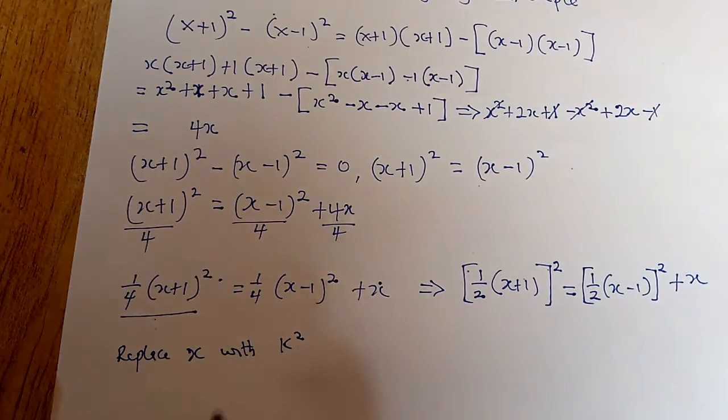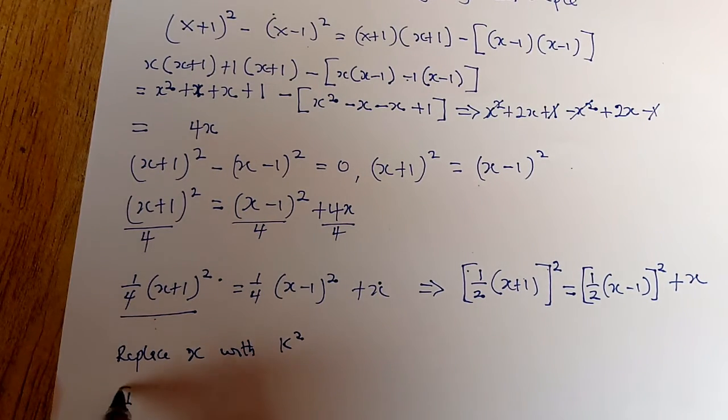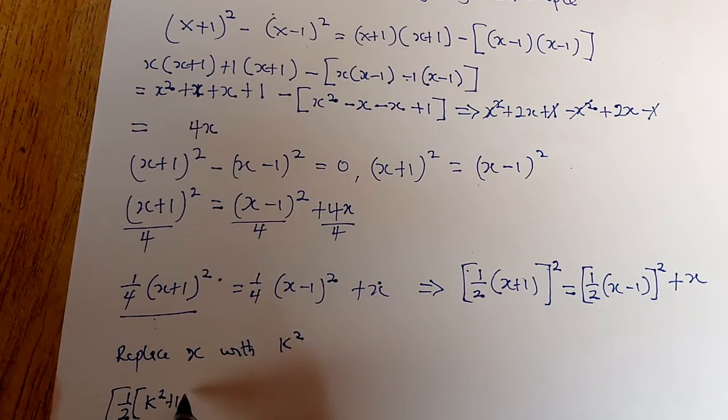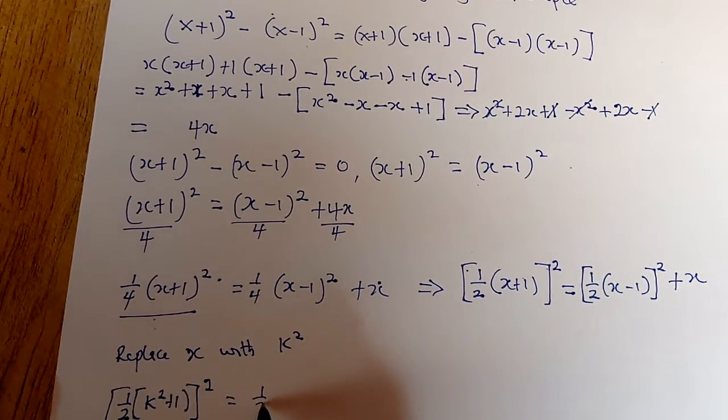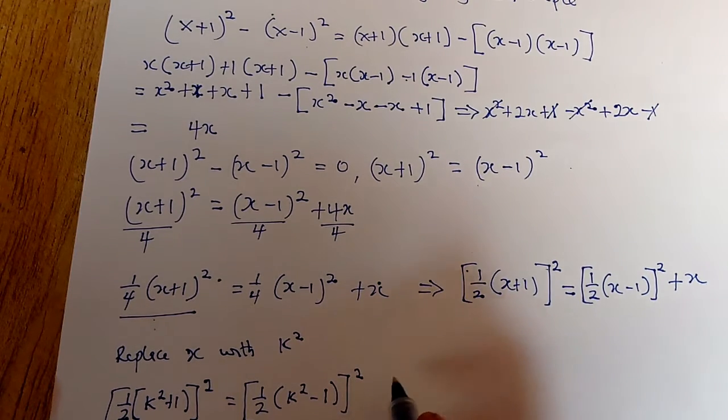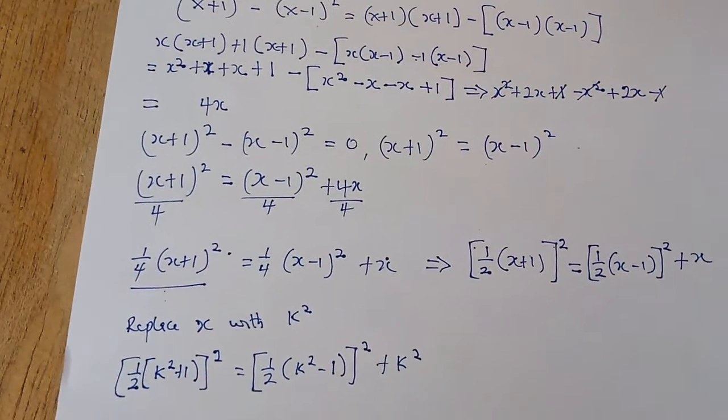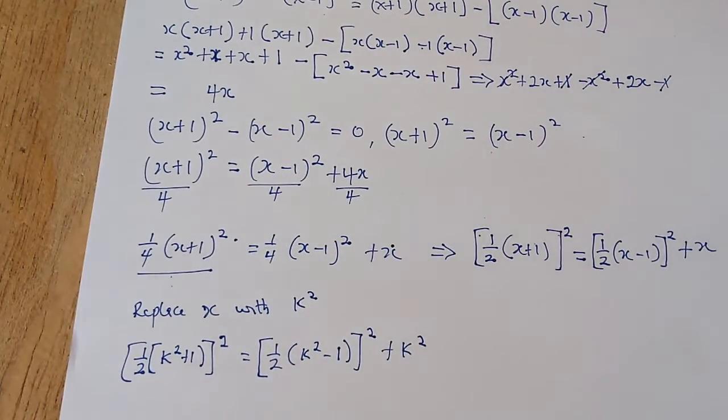So now our equation becomes 1/2 (k²+1) all squared is equal to 1/2 (k²-1) all squared, plus k². The point is that I've just replaced the x with k².